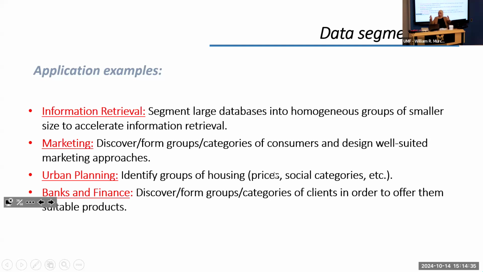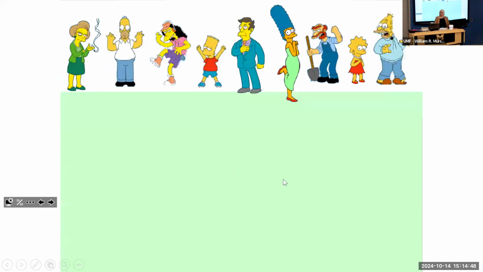So this is how we are putting categories, and you can search in your particular category to make it faster, okay? It's also useful in urban planning and banks and finance.